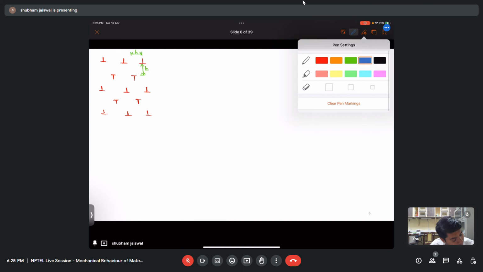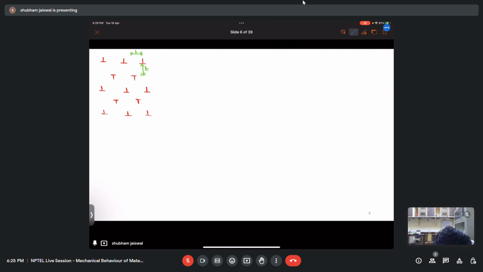If we consider some area like this one, the one I am marking in blue, it will have the length 2h. So if we find out the density of the dislocations in this area, we get how many dislocations there are.